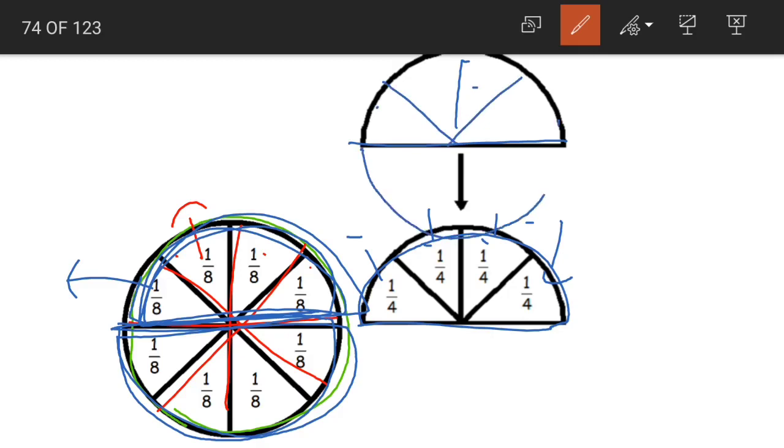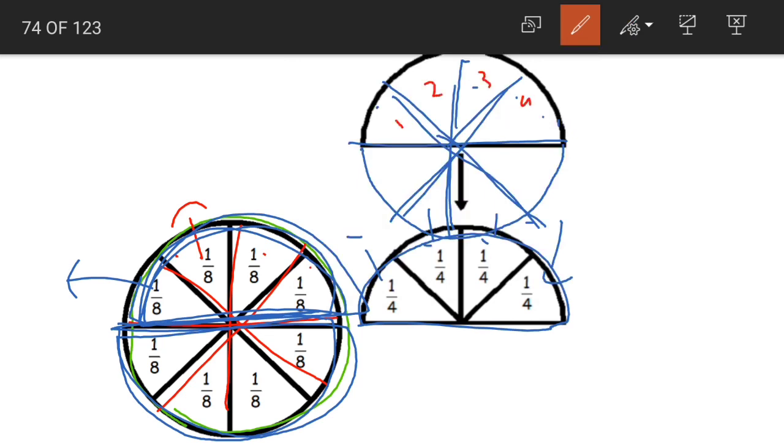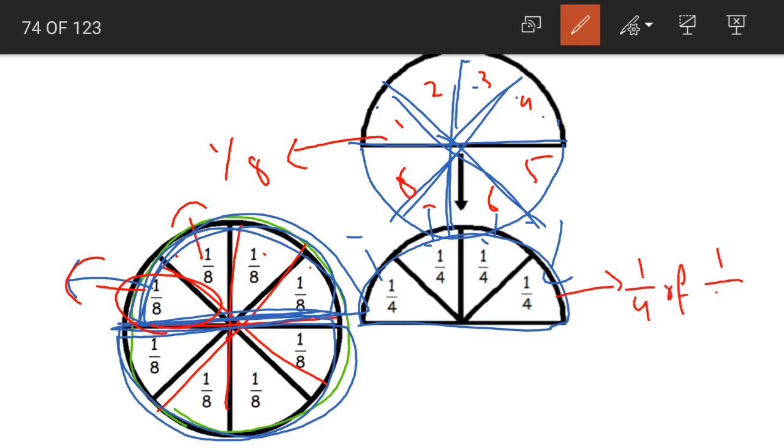If you look at the whole of the watermelon, which is divided into the same parts as our half, how many parts do we have here? 1, 2, 3, 4, 5, 6, 7, 8. So from the whole, each part represents 1 by 8th of the watermelon. So each child has got how much? 1 by 8th of the watermelon, and 1 by 4th of half of the watermelon.